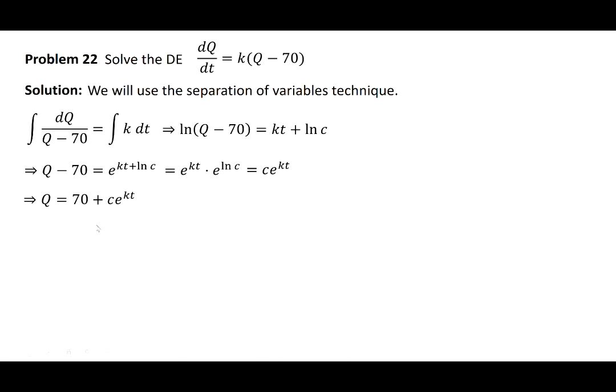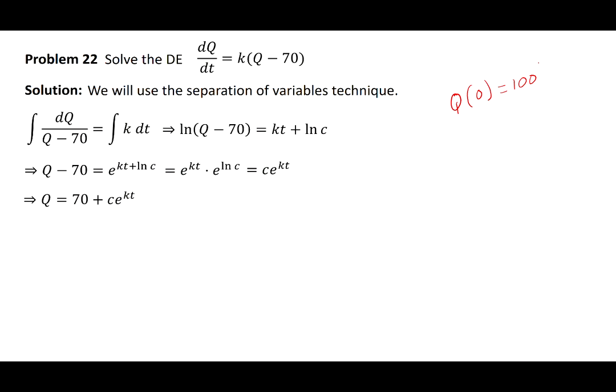The big deal is, let's say Q at 0 is 100. The value of Q at 0, that means when t equals 0, the value of Q happens to be 100, let us say.